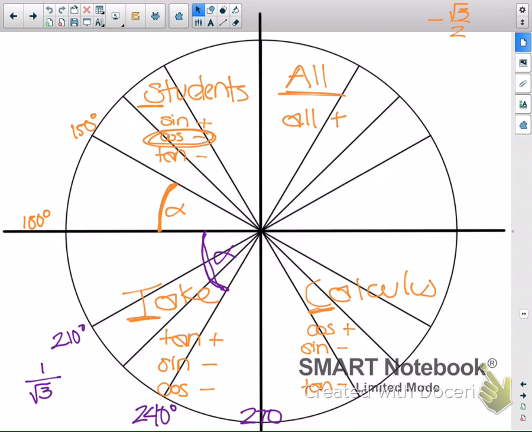7 pi over 6, going back to that one, the sine at 7 pi over 6, where would 7 pi over 6 be in my unit circle here? Third quadrant, because it's a little bit larger than 1, because remember this was 1 pi, this was 2 pi, and this was 3 pi over 2, and pi over 2. Okay, so 7 pi over 6 is actually this one right here.